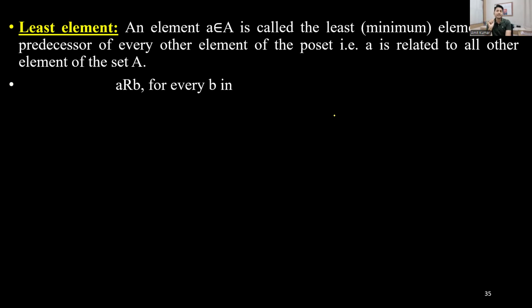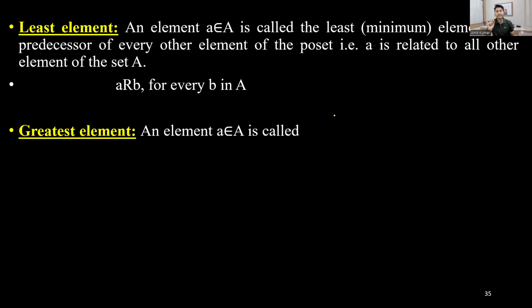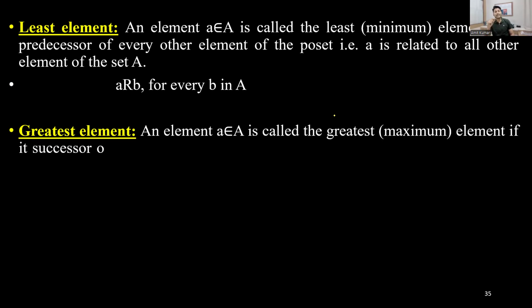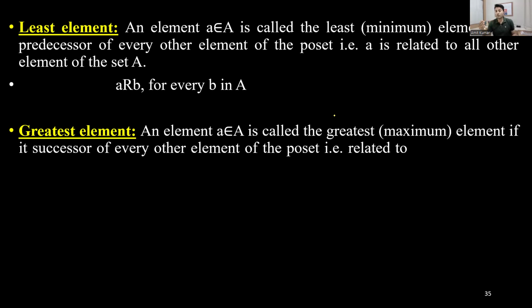In the same manner, a greatest element is an element which is the upper bound of every element. Least element: an element which is the lower bound of every element, connected to every element on the lower side.